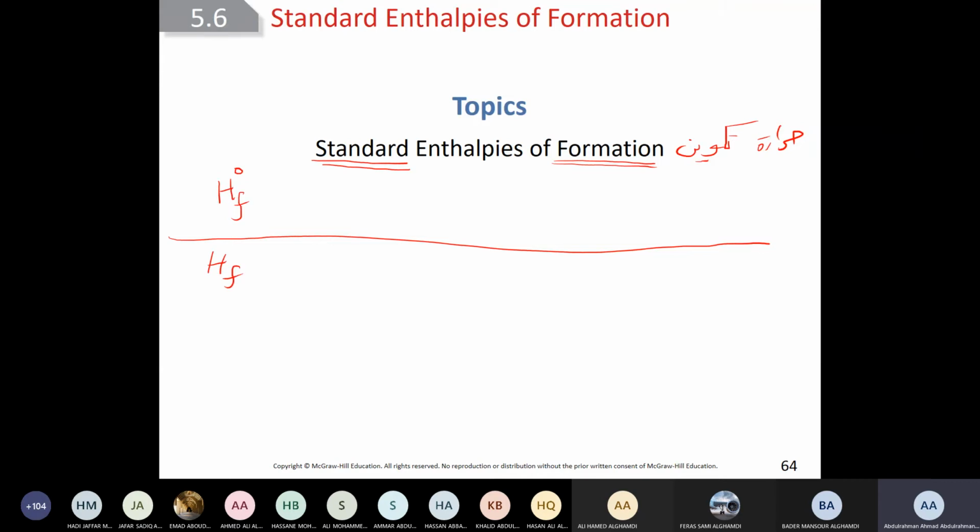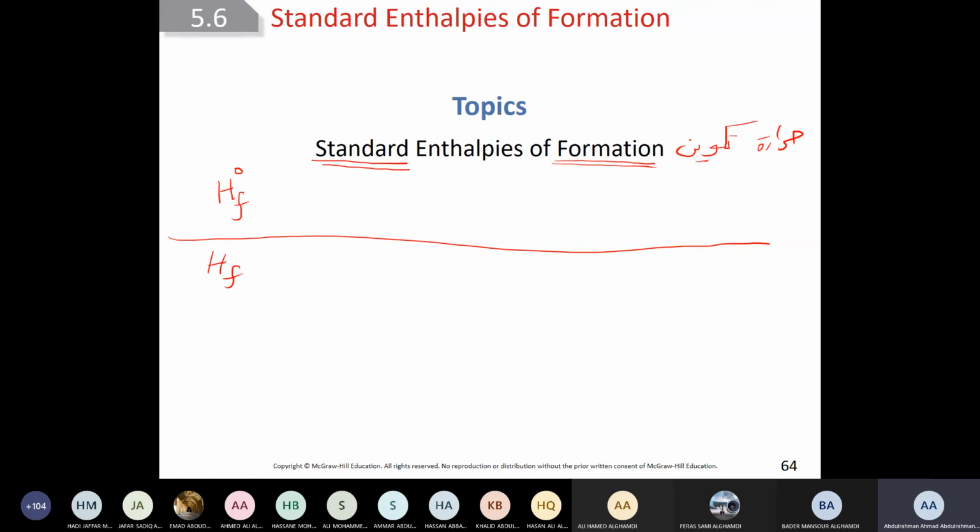Do you have the periodic table? I want you to have the periodic table in front of you. Anything available in the periodic table, you should know. I hope I have colored the periodic table.